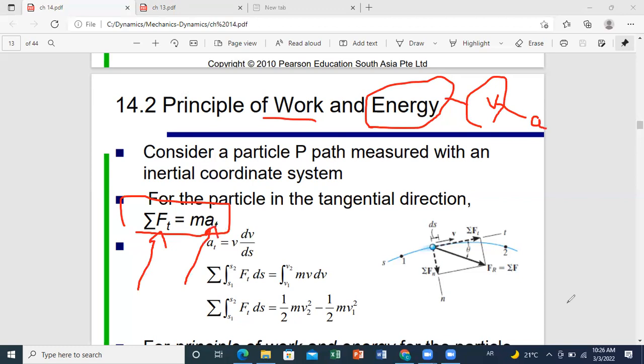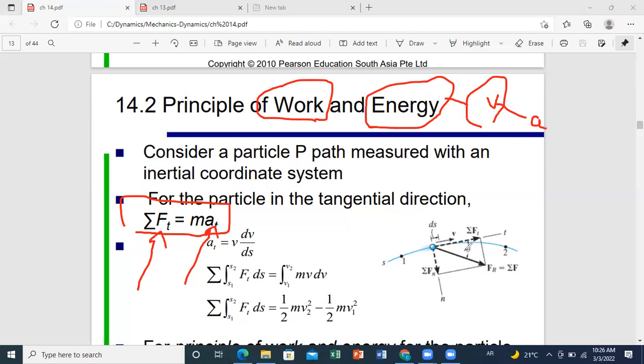Now, as we mentioned, whenever we have work of forces, the only forces producing work are forces along motion. So any force perpendicular to motion will not do work. This is why here it's a good idea to work in the n-t frame.